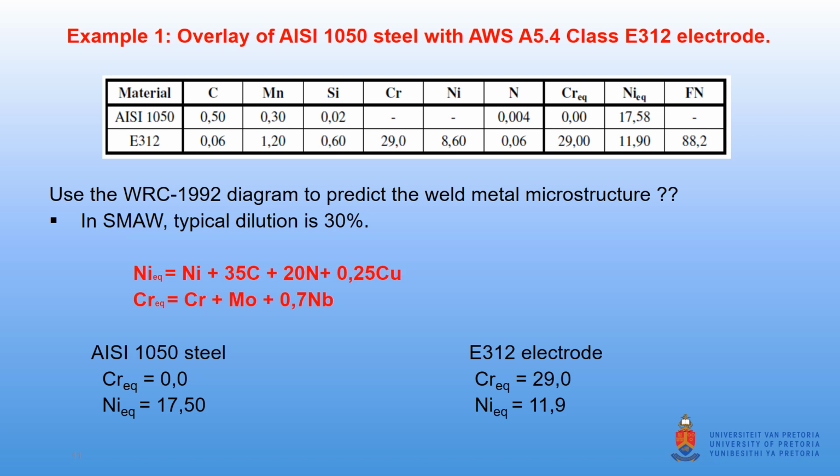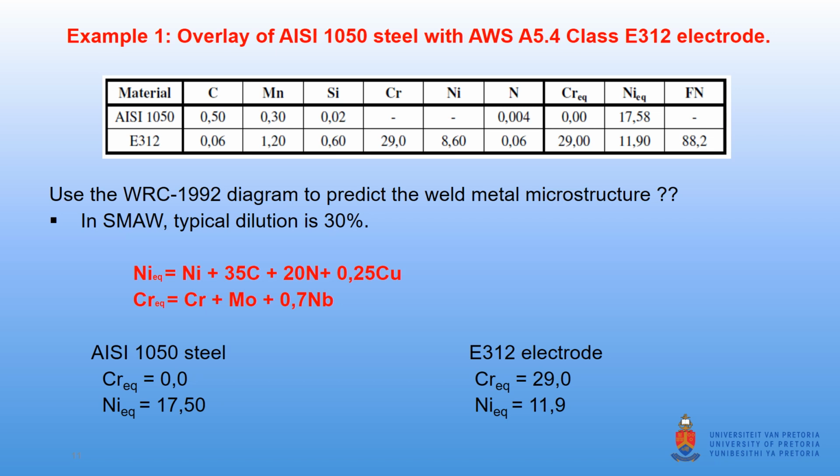Using the chemical composition, the calculated chromium equivalent and nickel equivalent of the base metal is 0 and 17.5 respectively. And for the 312 electrode, the chromium equivalent is 29 and the nickel equivalent is 11.9.